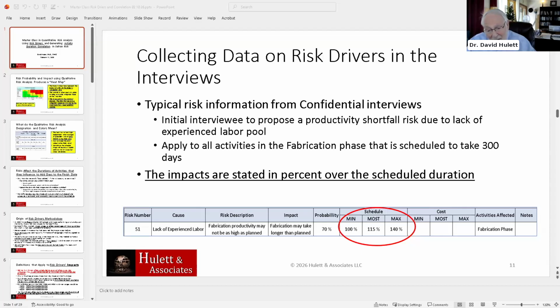And he or she is saying, well, on the other hand, the most likely is that it'll take 15% longer. And the maximum is it could take 40% longer, but don't insist that the most likely be the 100% answer, which means that the minimum one has to be the 95 or 90% answer opportunity of occurring. But the reason is that the estimates might be, at least for these activities, might be biased.